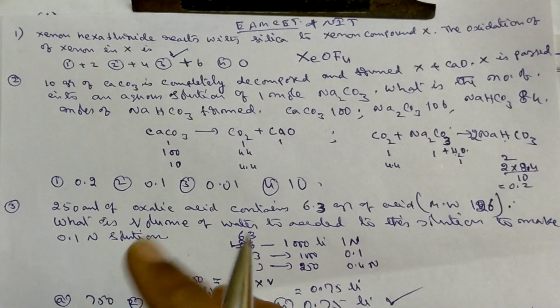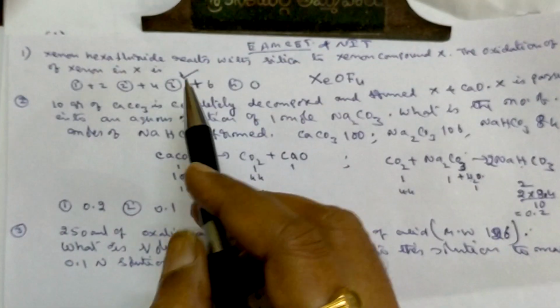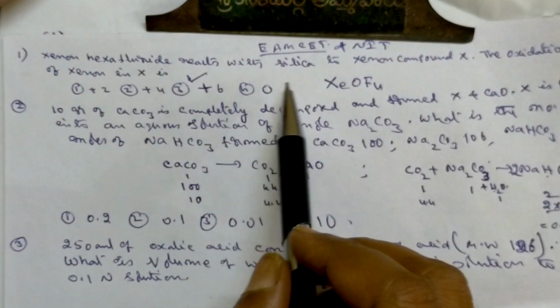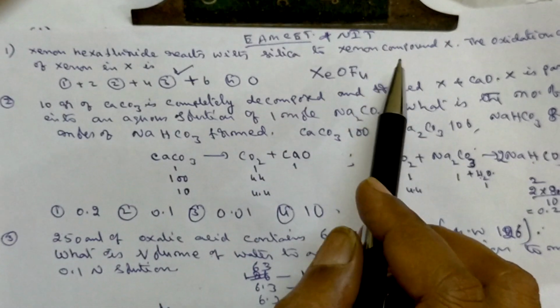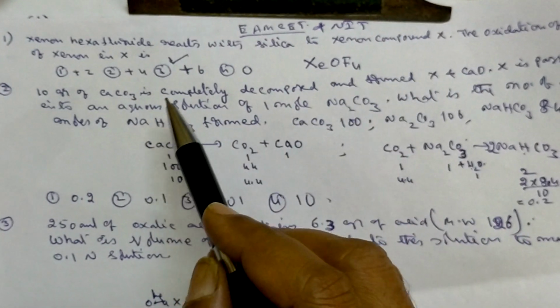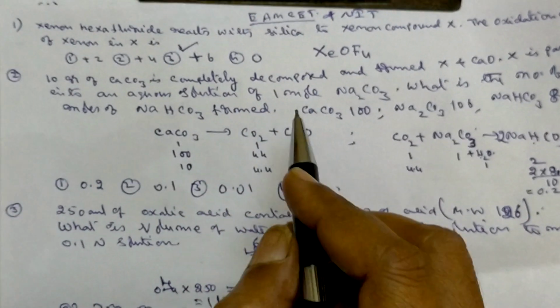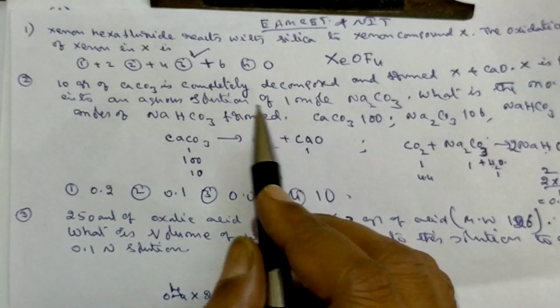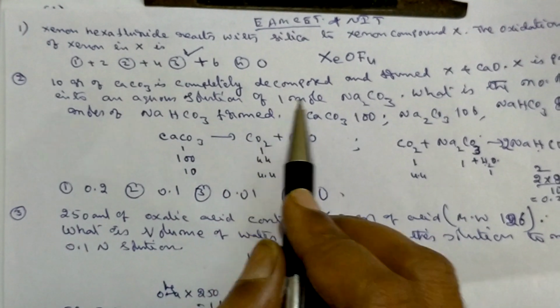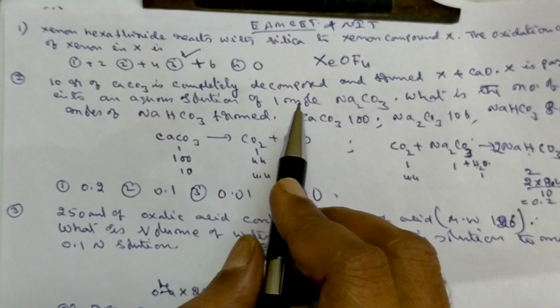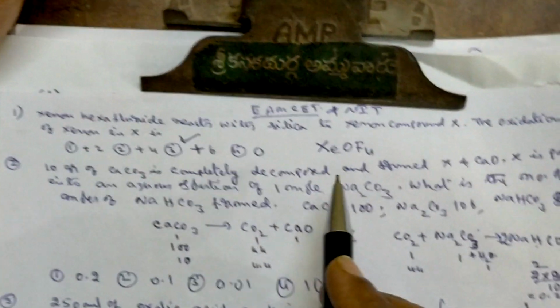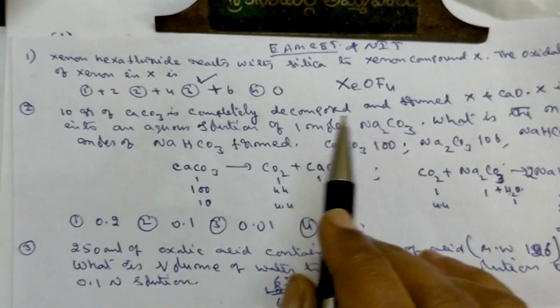The first question in the old paper is: xenon hexafluoride reacts with silica to form a xenon compound. The oxidation number of xenon is what? Here there are two things. Xenon hexafluoride is highly reactive with silica, so immediately you should come to know that it is an explosive.